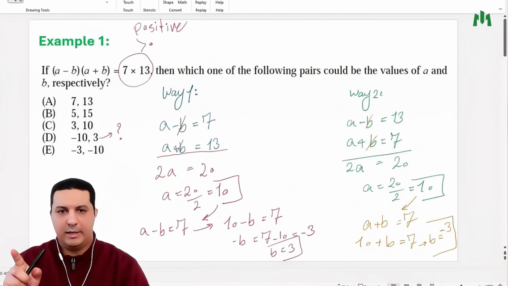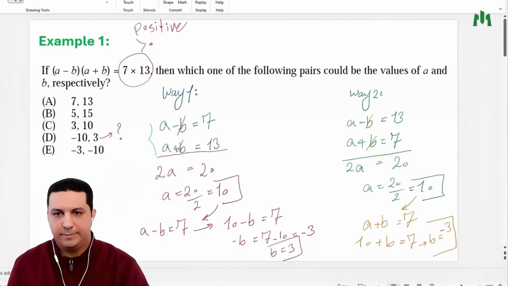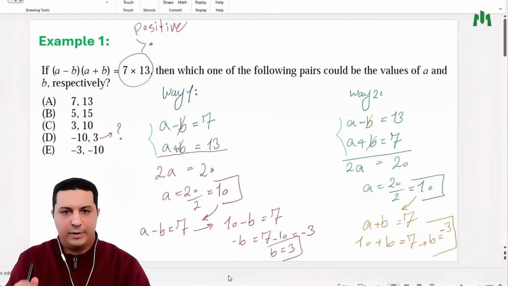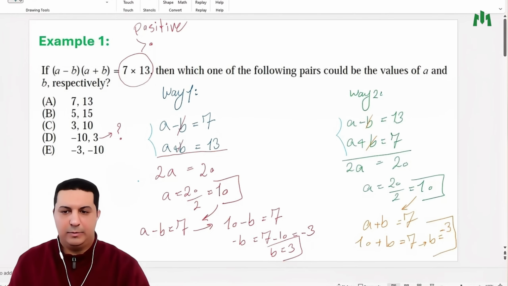As you see, we followed three different ways, and solving the equation gave us two different options, A and B. But we weren't sure.